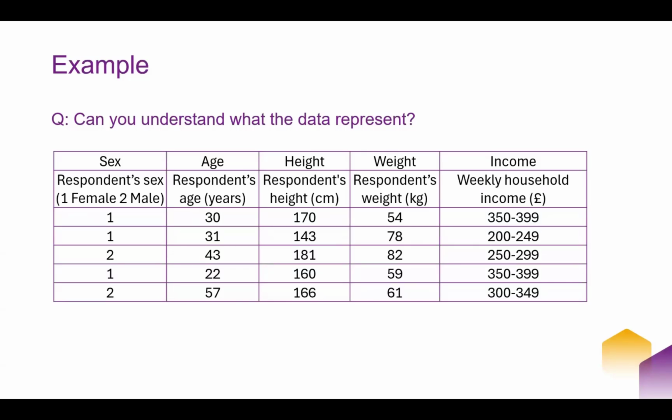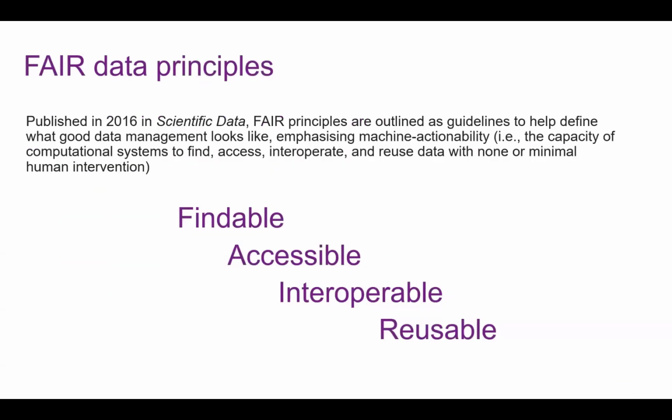So additional metadata provides that further information about the units in which this numerical data are presented, and it makes the data even easier to interpret. Okay, so hopefully that's a clear demonstration. Between the interview and the table, those are clear demonstrations of how context can matter and how it can change your perception of data.